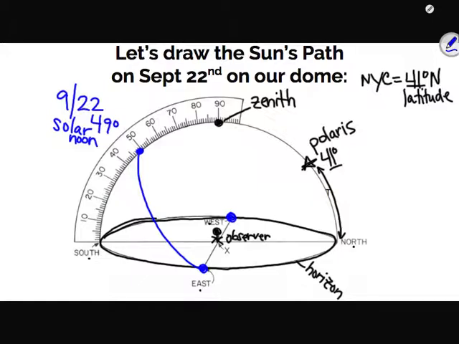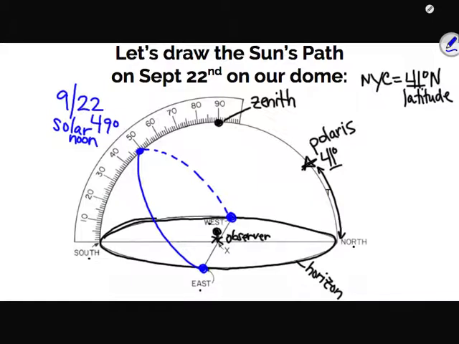And sometimes it's at noon, but because we switch our clocks for daylight savings time, sometimes it's at 1 p.m. So instead of saying noon or 1 p.m., we just say solar noon. That's when the sun is the highest in the sky. So it's going to be either noon or 1 p.m. depending on your clocks.